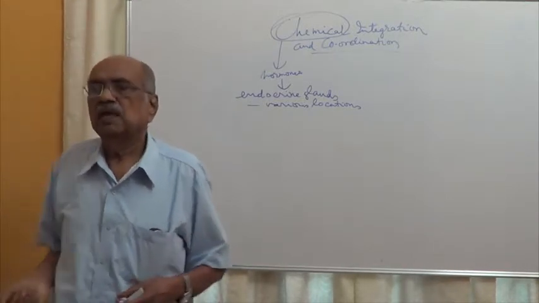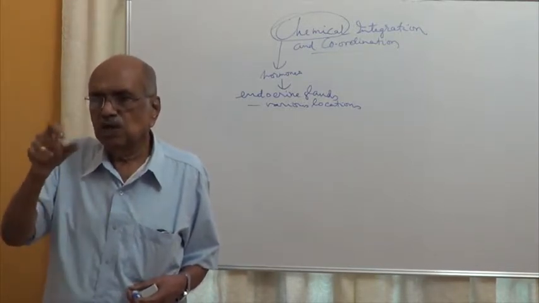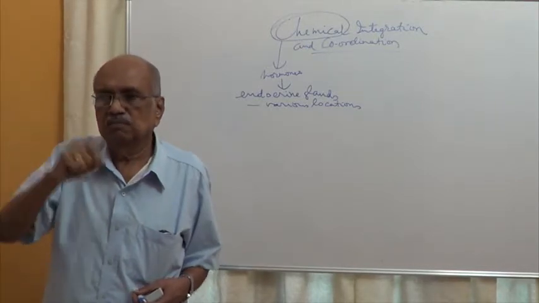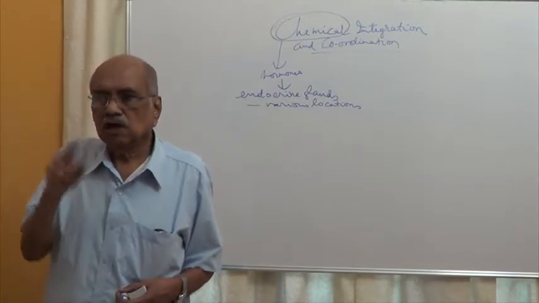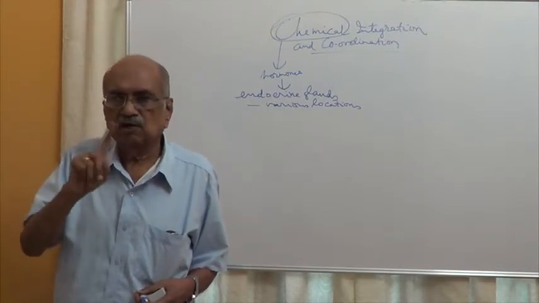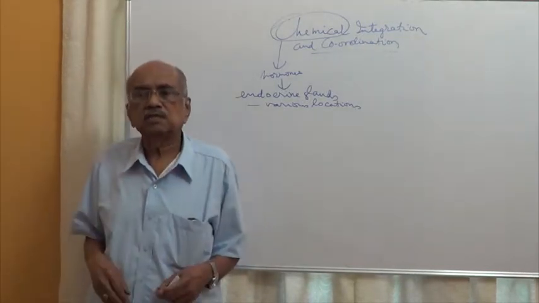Let us see. If you take the testis in the male, not only does it produce hormones necessary for growth and development during puberty, it also produces sperms. Sperm production is not an endocrine function. Go to the ovary in the females.